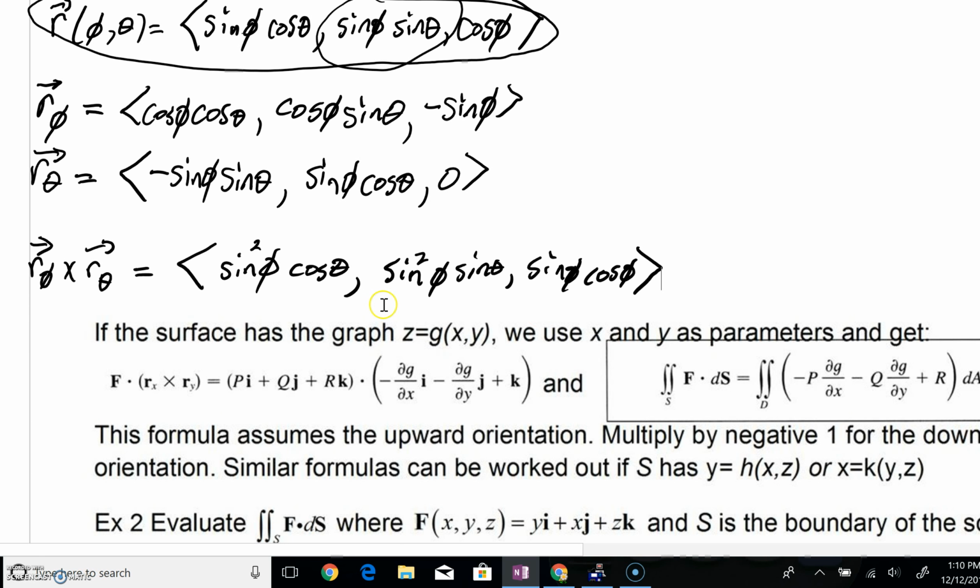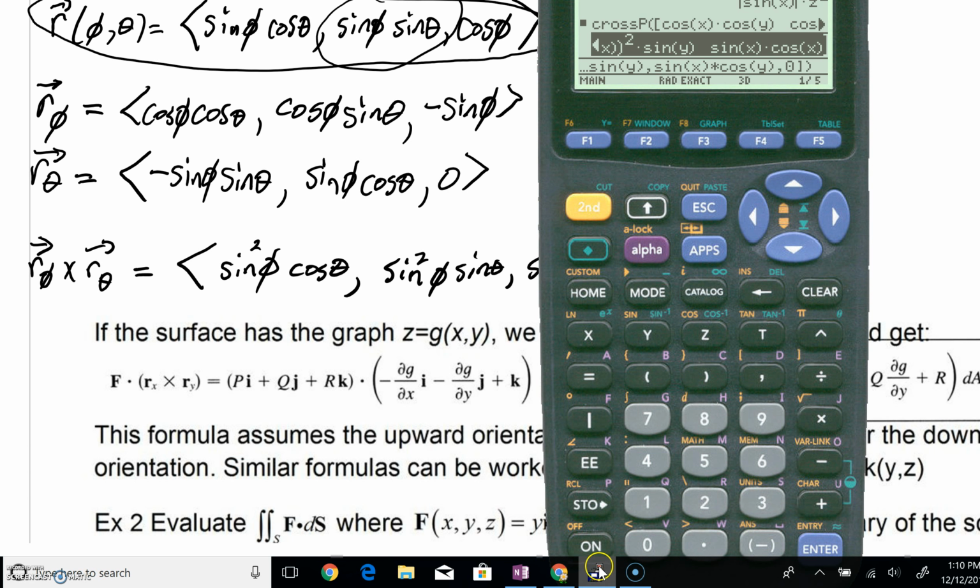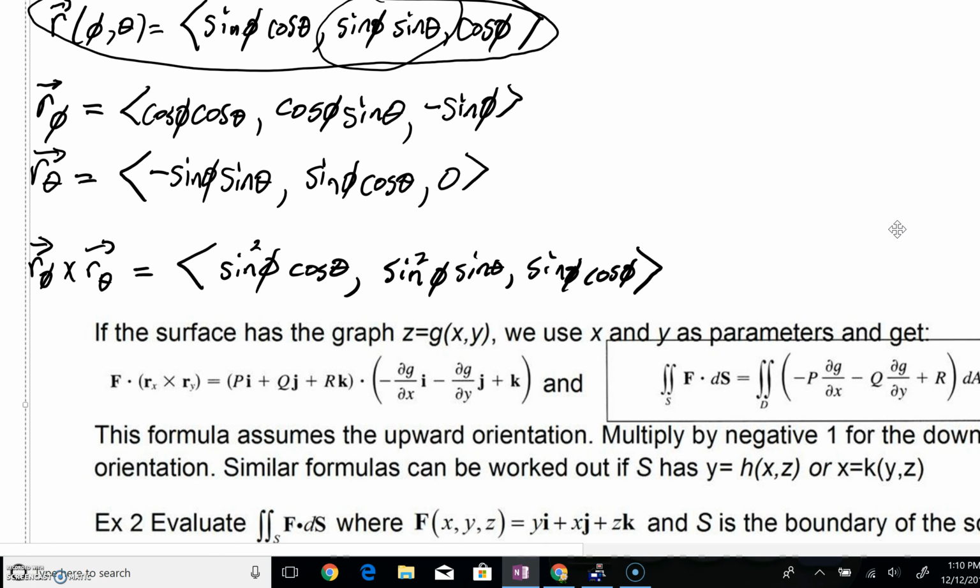So we've typed this into the 89. Wherever we had a phi, we used x. Wherever we had a theta, we used y. And it's really just that exercise in patience. Hopefully you're feeling confident working, if you weren't here in class, on just being able to get that typed in. Still, all the same, you're not done when you get up to here, although you've made a giant leap forward.